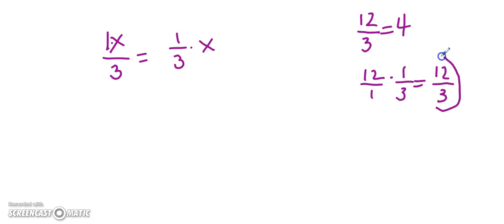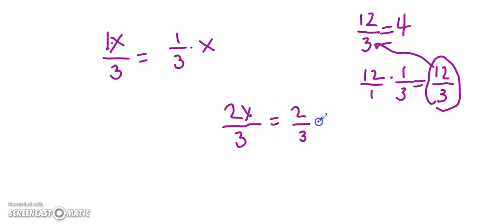And I end up with the same thing that I got up there. 12 divided by 3. So multiplying by 1/3 and dividing by 3 are the same. What if I had this? What would be my coefficient? If you said 2/3, you're correct. That really is 2 divided by 3 times x, or 2/3 x.